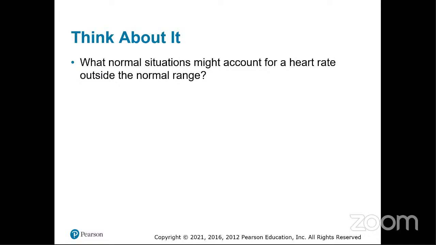What are some other normal situations? We talked about running. What are some other situations that might throw the heart rate outside of the normal range? Stress. Okay, rest will do that. A lot of us will have a pulse well below 60 when we're resting.